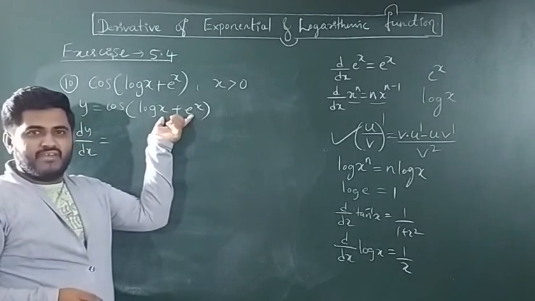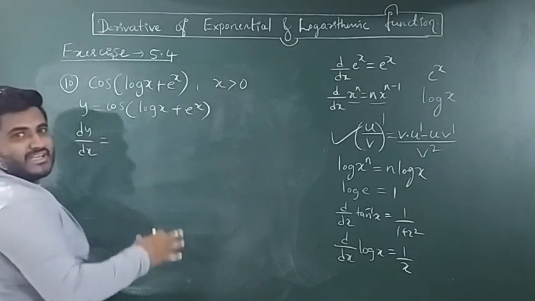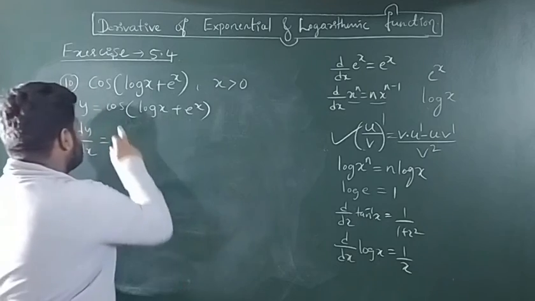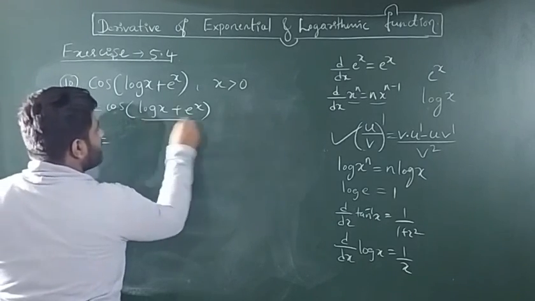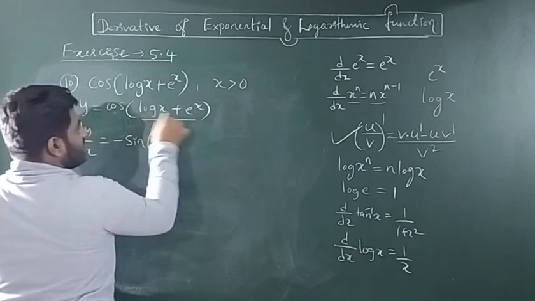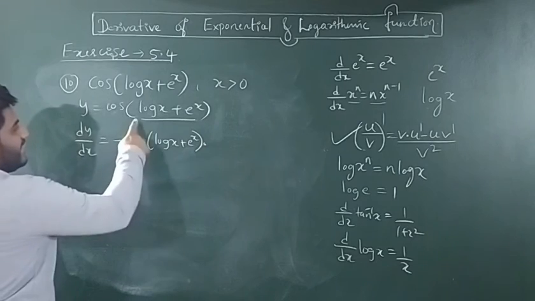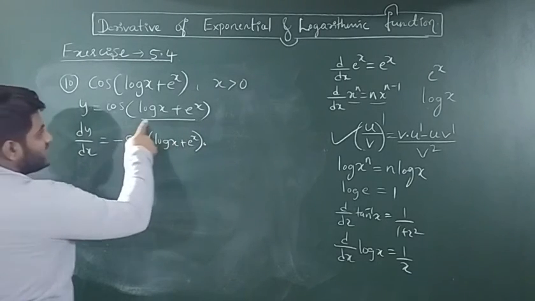Cos of this function we are having. So whatever the function there in the bracket, assume that as x. So cos of x is nothing but minus sin x. In place of x, what we are having? Log x plus e raised to x. Now if it were just x, it would end here, but it is not x.